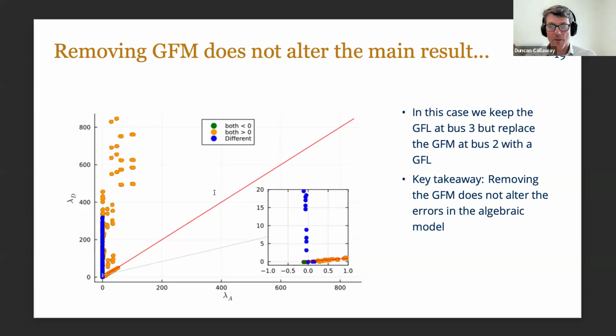And then we keep the grid following inverter also at bus 3. So now we have a synchronous machine at bus 1 and grid following inverters at 2 and 3. And the result looks essentially the same. That is, we get a large number of cases in which the algebraic approximation has a stable conclusion. The dynamic simulation, which is higher fidelity, gives you an unstable conclusion.